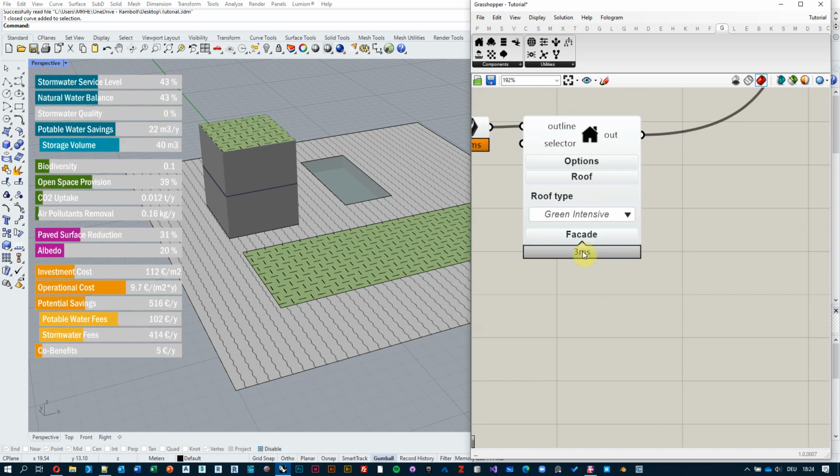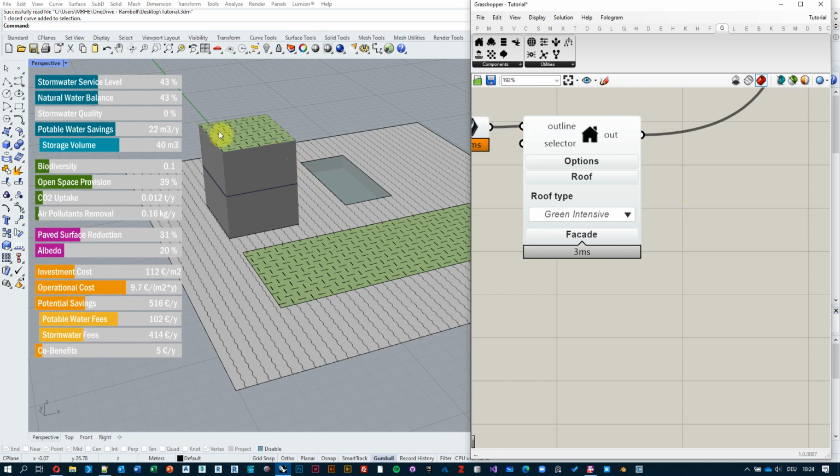So let's go back to green intensive. You can see we can only save 22 a year with the same storage volume here. So conventional gets us all the way there. Extensive would be 2/3, and green intensive is the least, right?